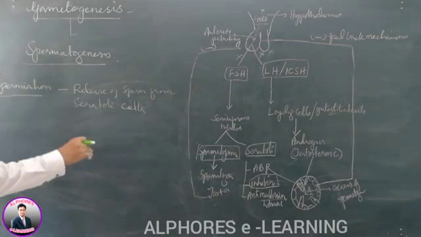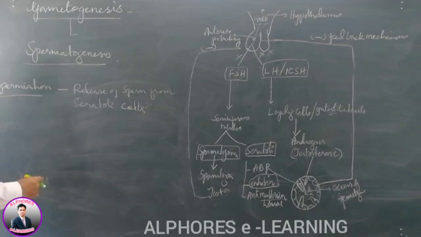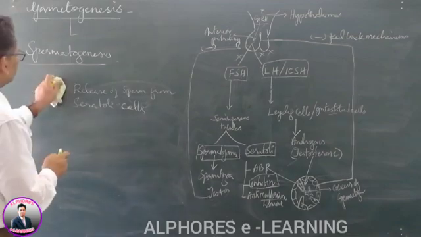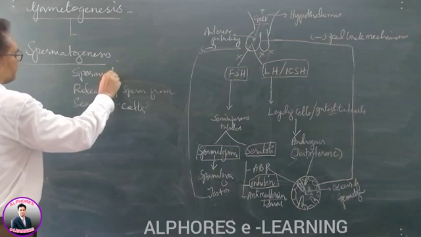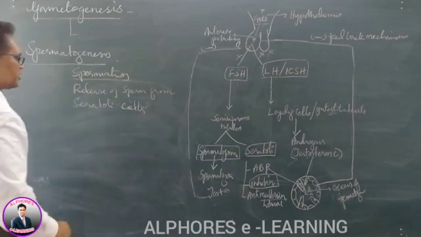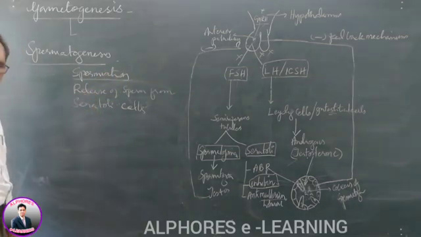That is, the head of the sperm is released from the Sertoli cells. Spermiation means release of sperm from Sertoli cells.